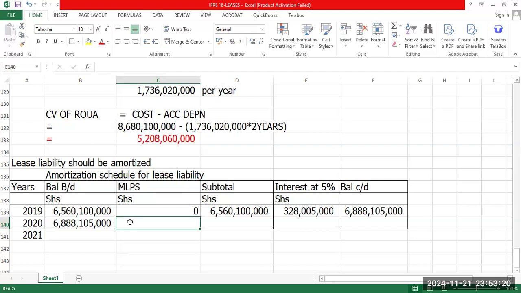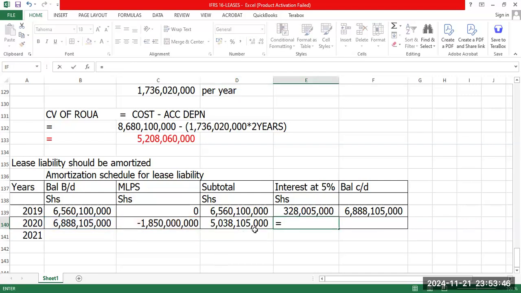You put the minimum lease payment of 1.85, 1,850. But remember, this is in billion. Put this one in bracket. So subtotal, it's this minus the minimum lease payment. Here you get your 5%. You multiply by subtotal.